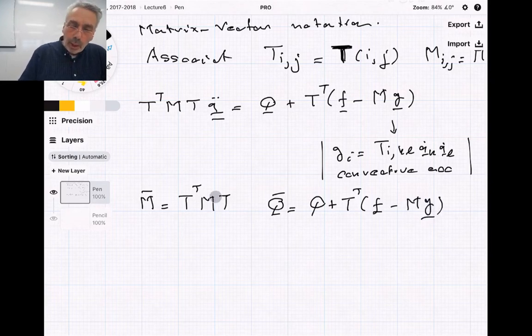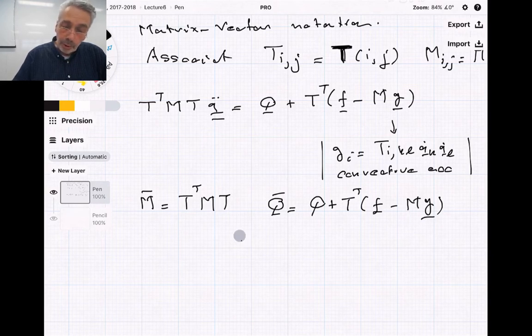Well, I have my CM mass matrix, and I'm going to transform it to some generalized mass matrix. It's still a mass matrix, and it's still symmetric. And my generalized forces are the applied generalized forces, plus the projection of the forces at the CM and the convective inertial forces.